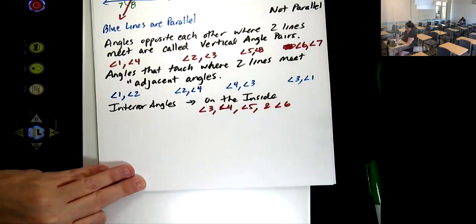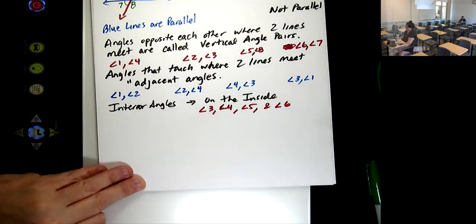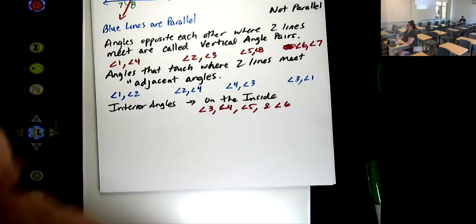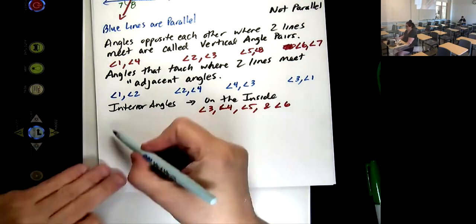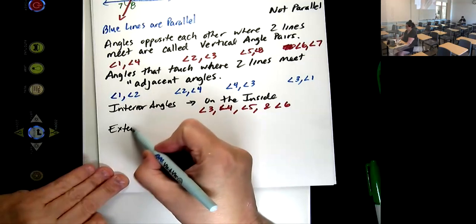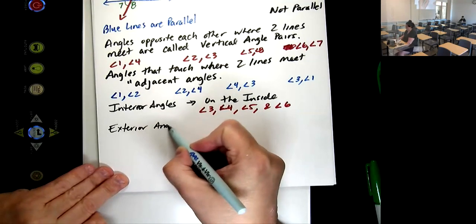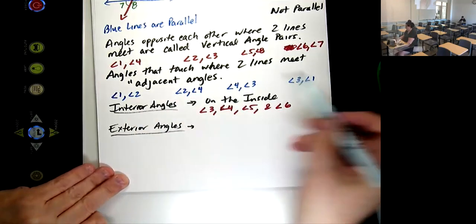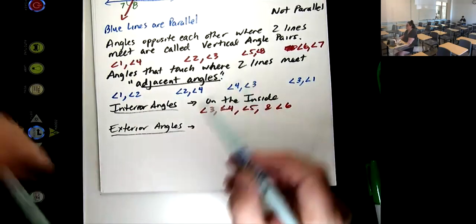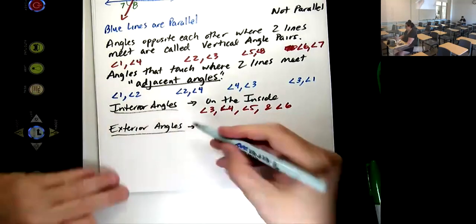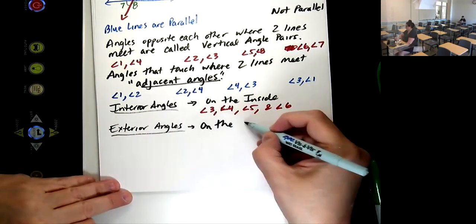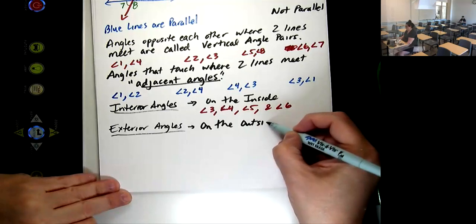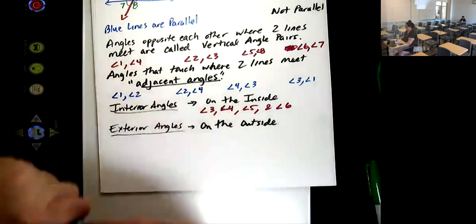Those are called the interior angles. Exterior angles are on the outside. So it will be 1, 2, 7, 8, exactly.